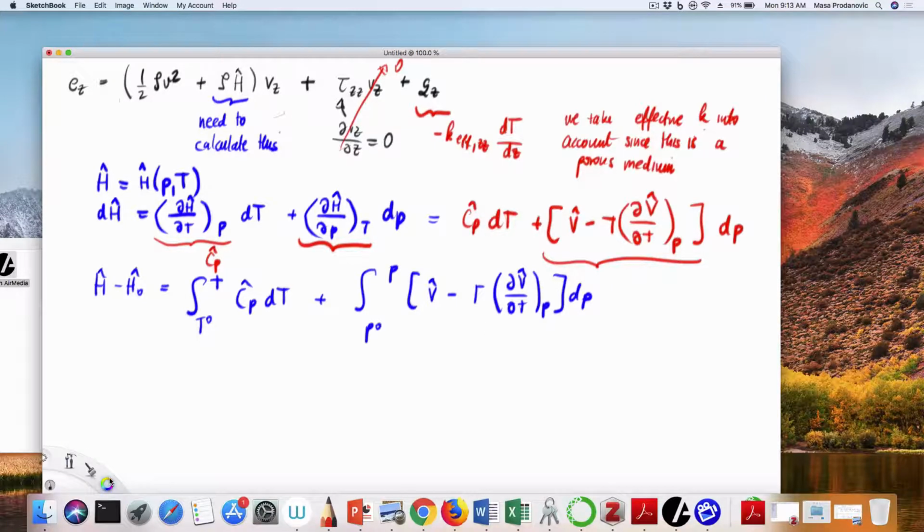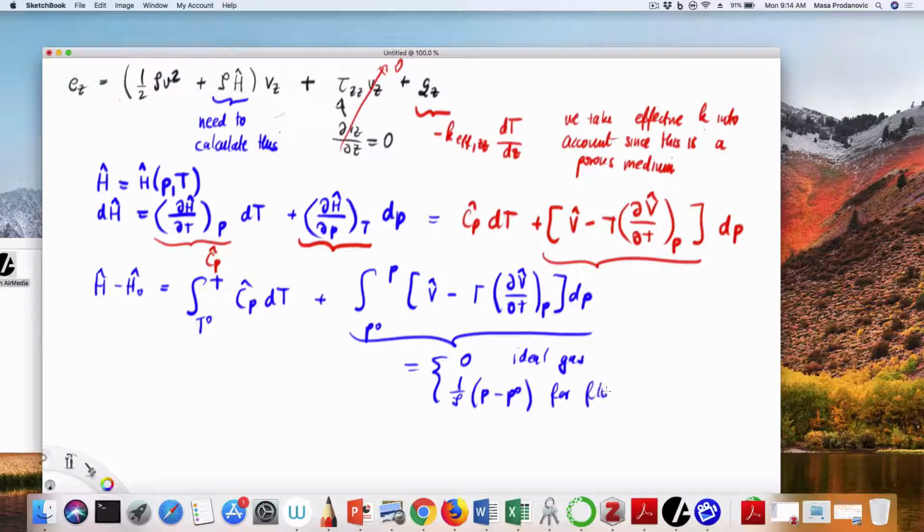And again, ready to go: this is equal to 0 for ideal gas, and 1 over rho times (P minus P0) for fluids of constant density.